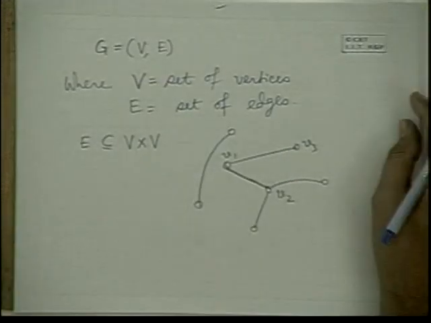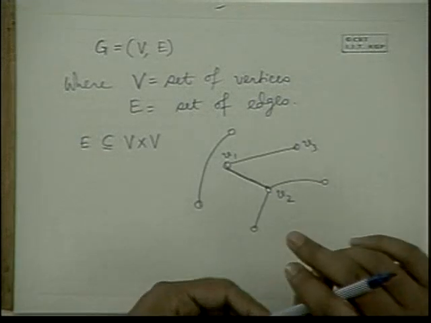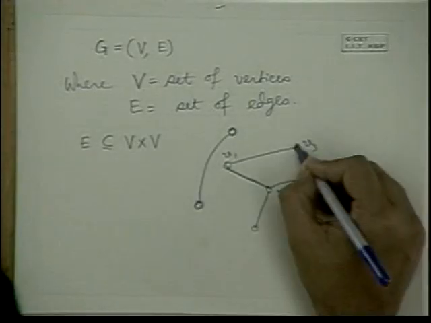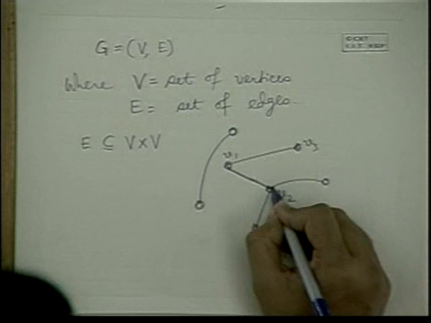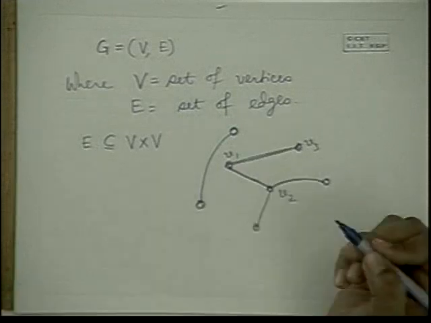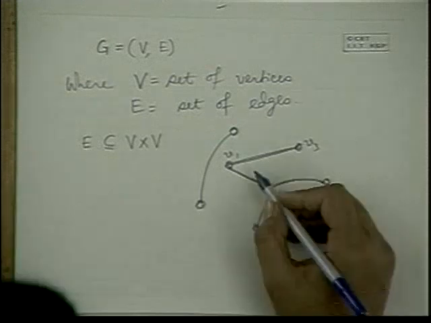Now let me tell you one of the applications of graphs. Suppose these nodes represent cities, and these represent the roads between the cities. We can represent this entire interconnection between the cities with a graph.